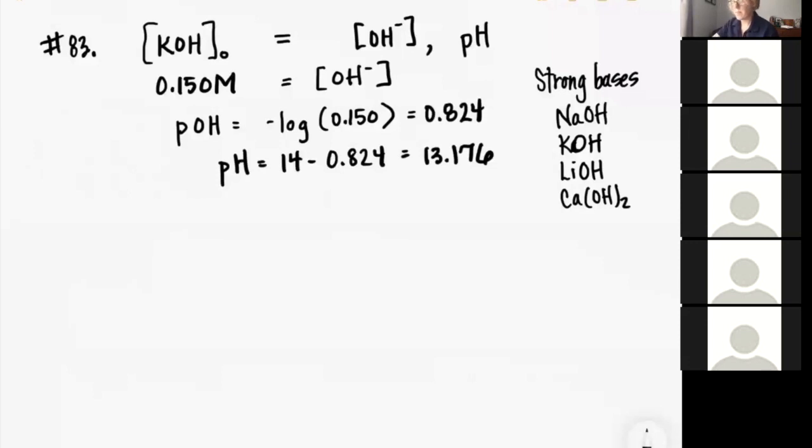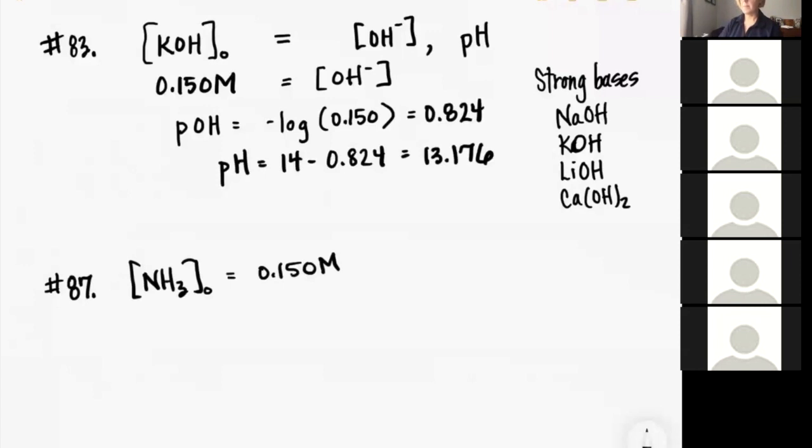87, let's flip over to 87. 87 gives us an example of a weak base. So what are the major species in a 0.15 molar NH3 solution? And basically we're doing the same thing, just with an NH3 that is 0.150. That's the initial concentration.